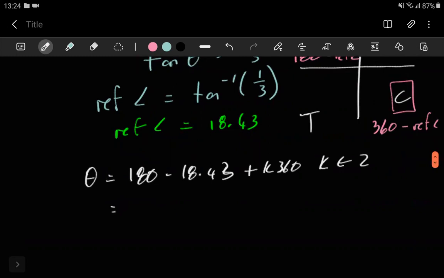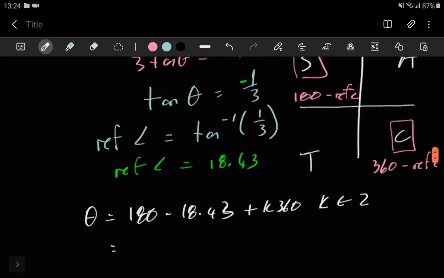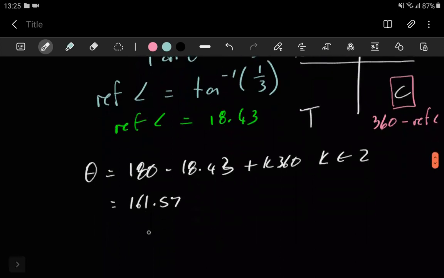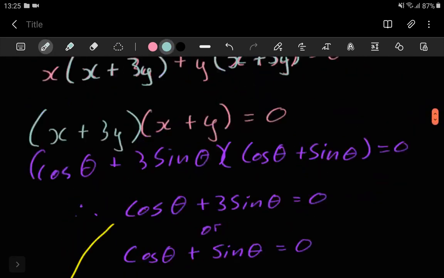This is going to give you 161.57, or theta is equal to 360 plus. Also, we have to put the plus K360 here. Plus K360. But what did they ask you?